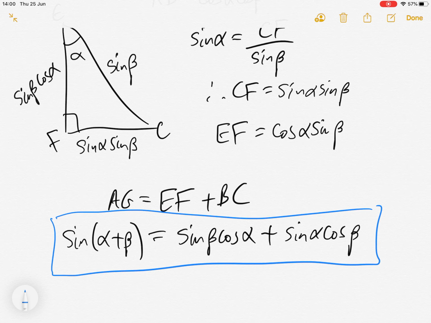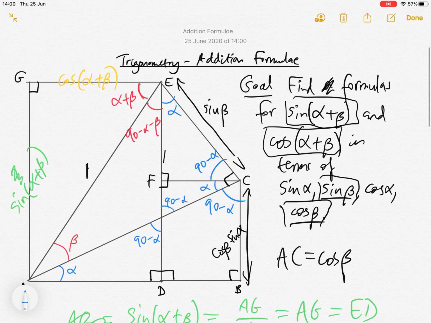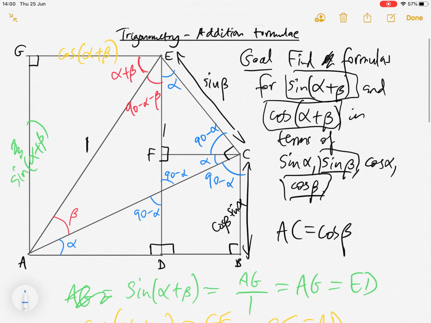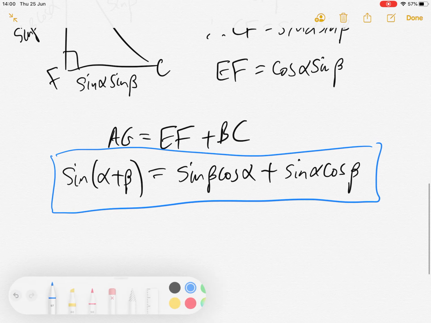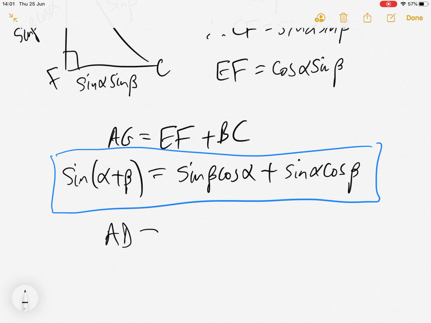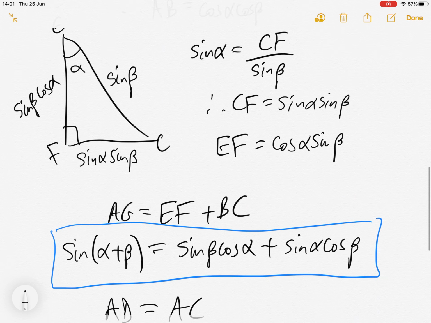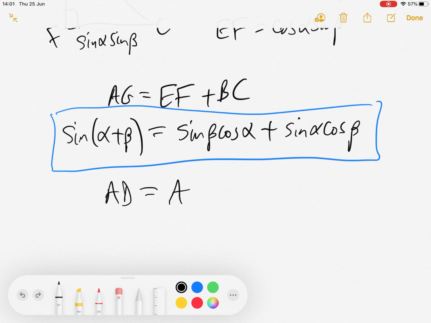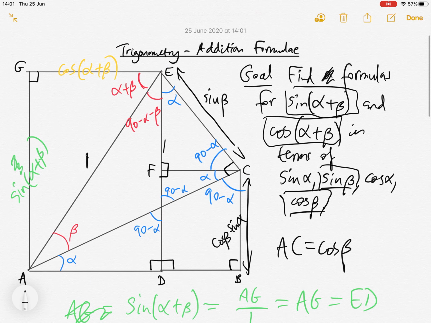sine beta, cos beta. And similarly, if we look at the width of the rectangle, AD, which is the same as GE, AD is the same as AB, which is the whole width of the diagram, minus BD.